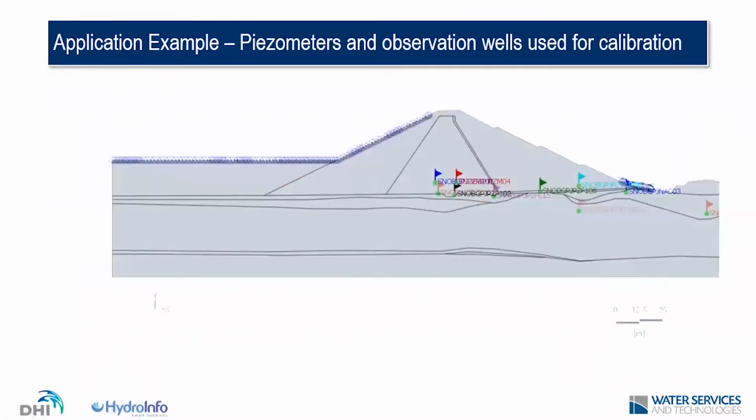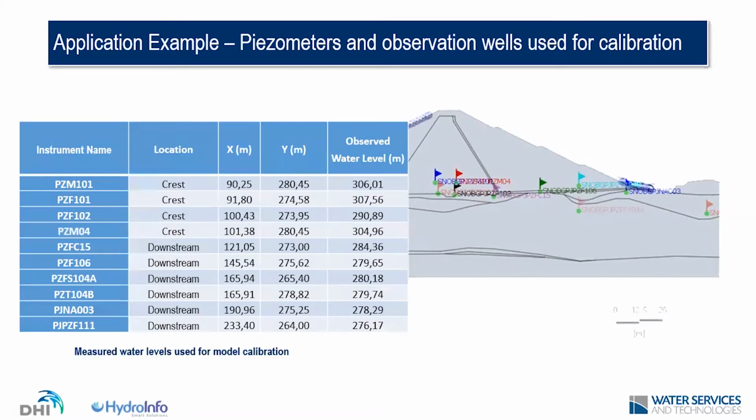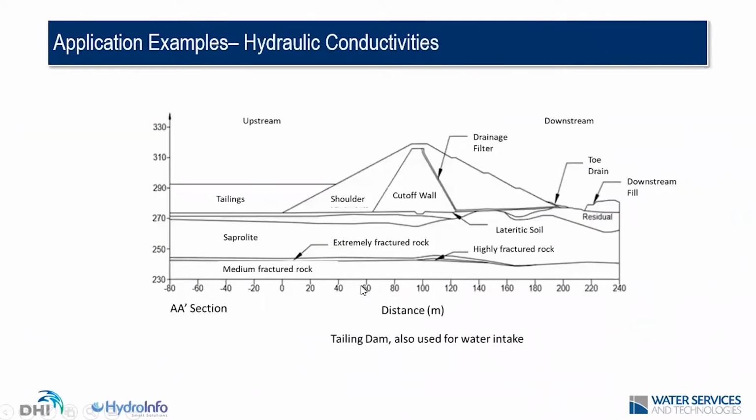We are also going to enter the location and the observation values for the observation wells used for calibration. So we're going to enter a little table that has the name of the observation wells, the location, and the observed water level as a constant or as a transient time series.